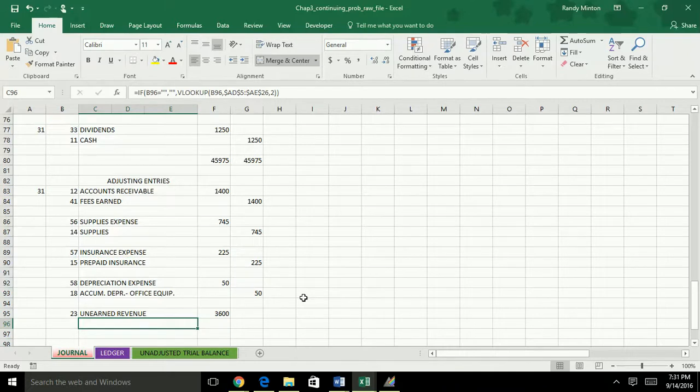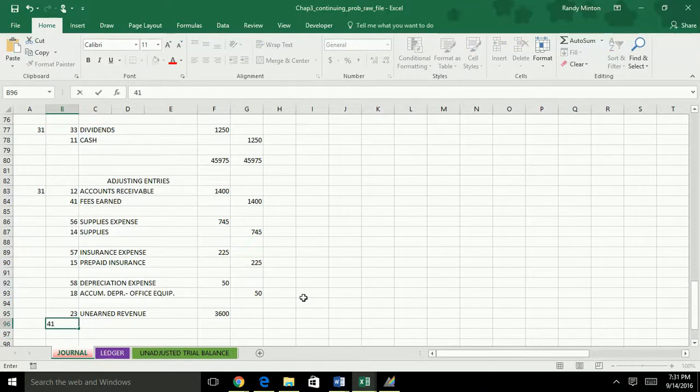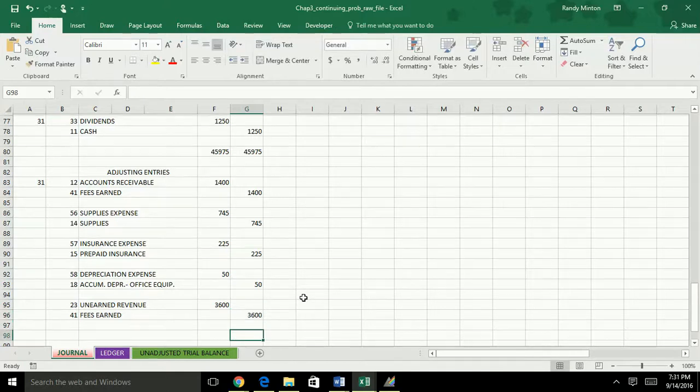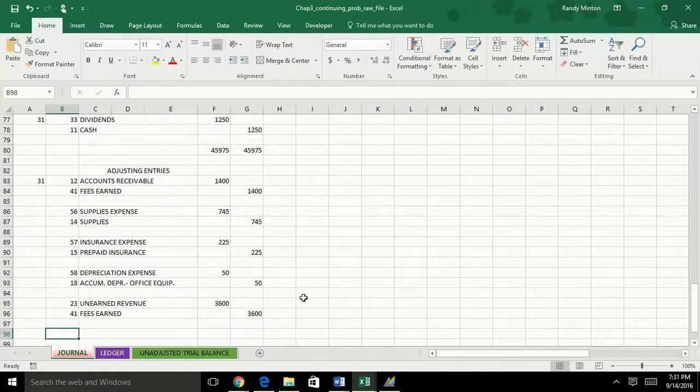And I'm now charging fees earned, the 41 account, for the fact that we've actually earned some revenue. Okay, next item. And I guess it's actually the last item, isn't it?